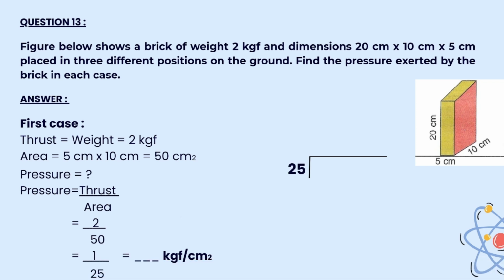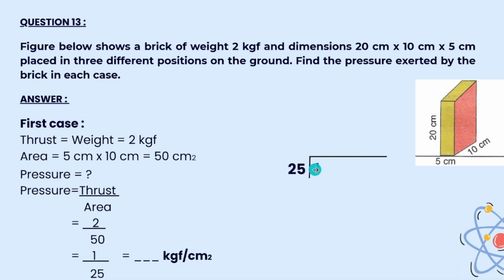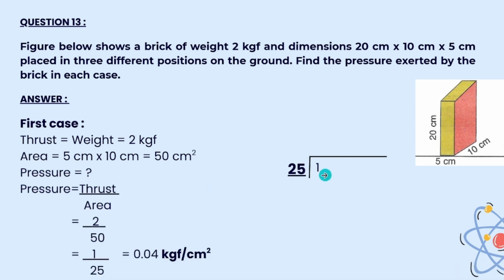Yes, here to divide, very important, we have to write 25 outside and 1 which is in the numerator will go inside. So 1 divided by 25, I can't divide, so I am using a point and adding zeros over here. 2 zeros, so point and 1 0. 25 4s are 100.